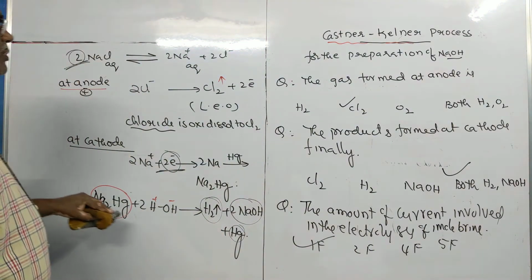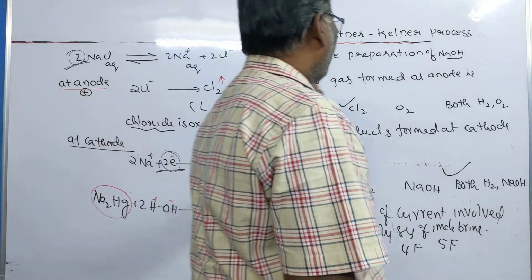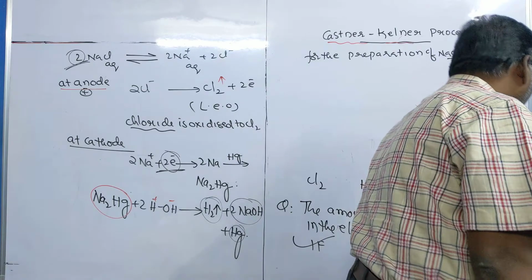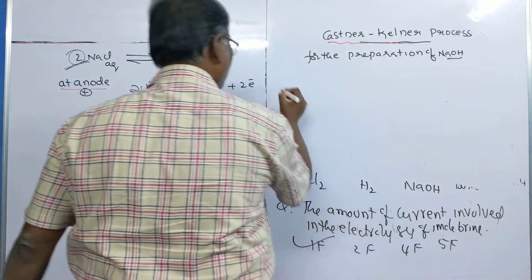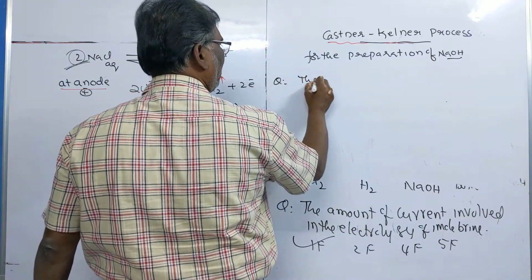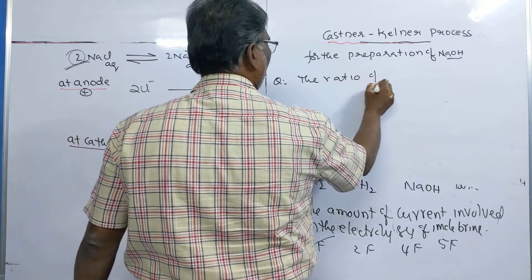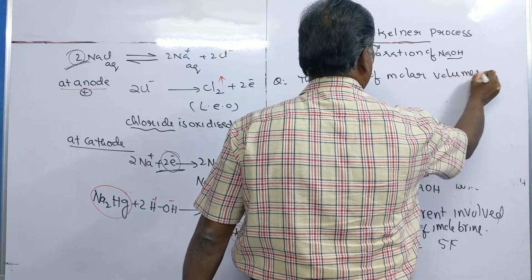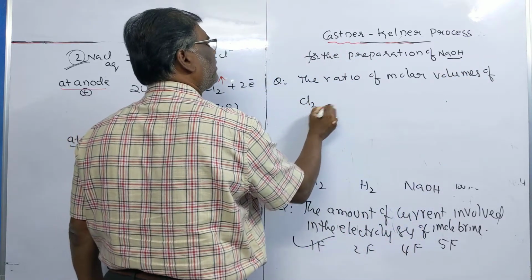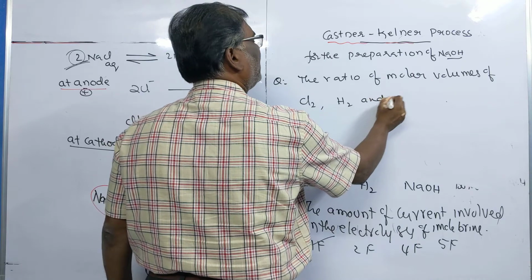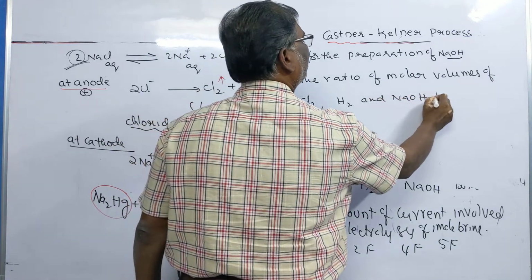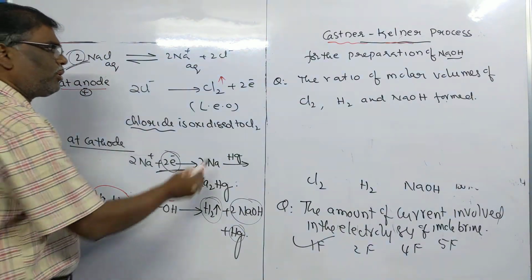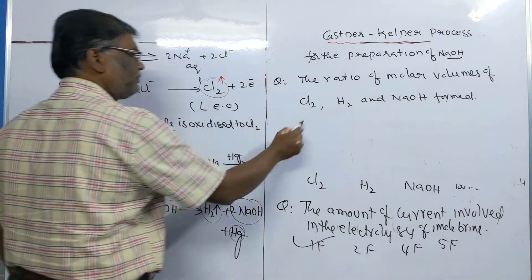This is the right answer. The next question is the ratio of molar volumes of chlorine, hydrogen and NaOH formed. Here how much chlorine is formed? 1 mole.